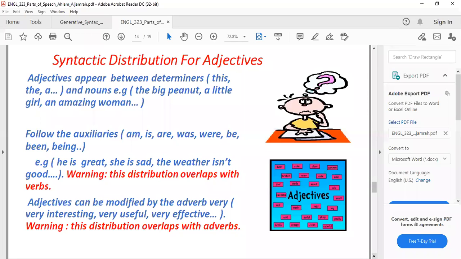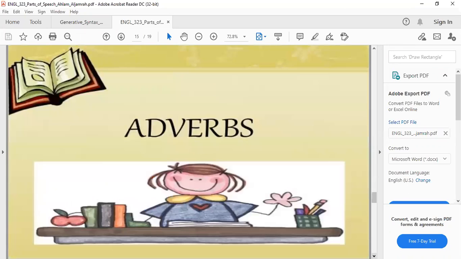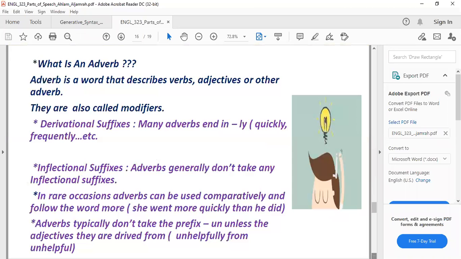But if we say he is driving very quickly, very here modifies quickly. So very can modify adjectives, and very can modify adverbs.